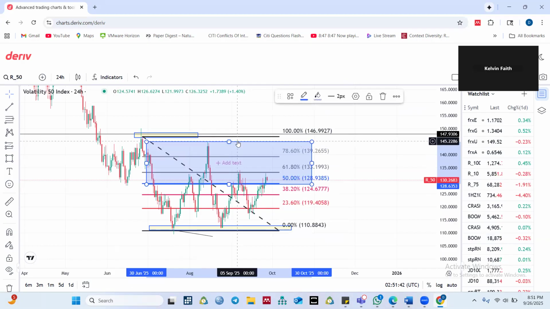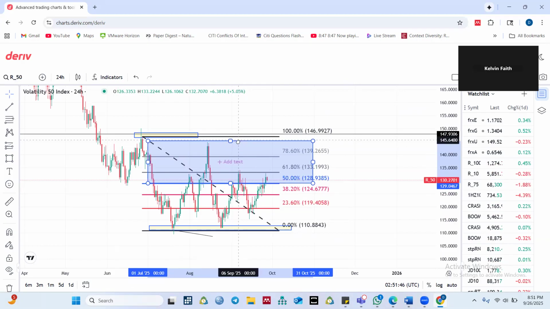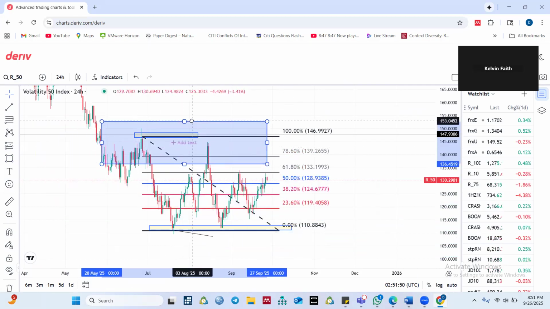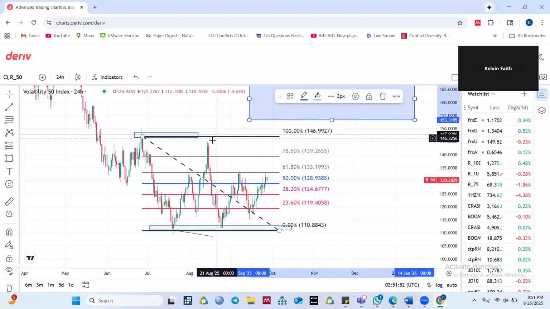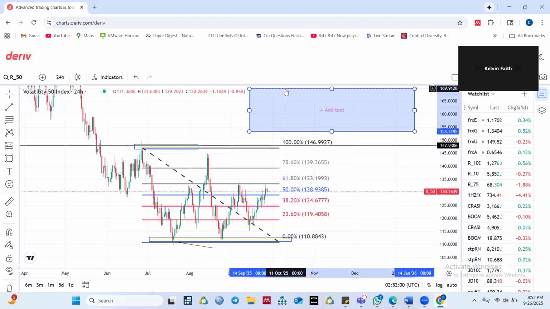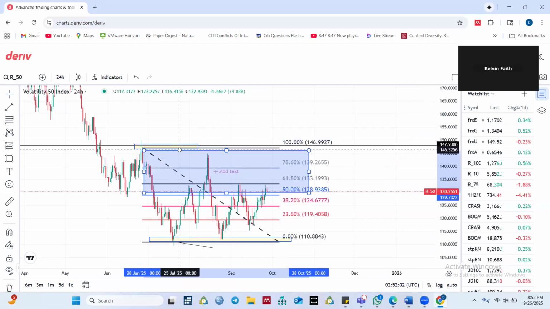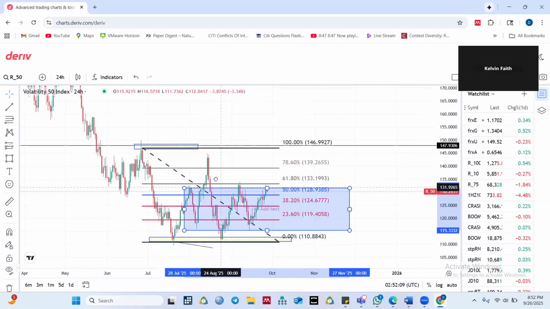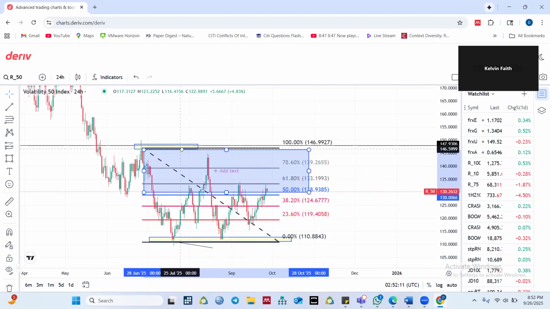Price comes up to 78.6% and then drops, but dropping down did not give us a new low. So price pulled back into the premium zone again, into 61.8% here, and then dropped to this place, and has pulled up into the premium zone again.